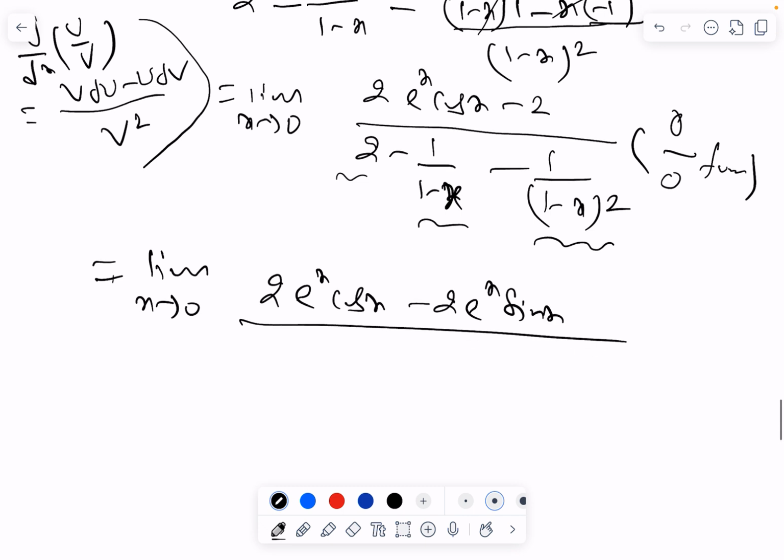Derivative of 2 is 0. Derivative of 1 over 1 minus x, so minus 1 over 1 minus x squared, and again the derivative of 1 minus x is minus. Derivative is minus 2 over 1 minus x cubed, same way, with the negative sign from the derivative of 1 minus x.